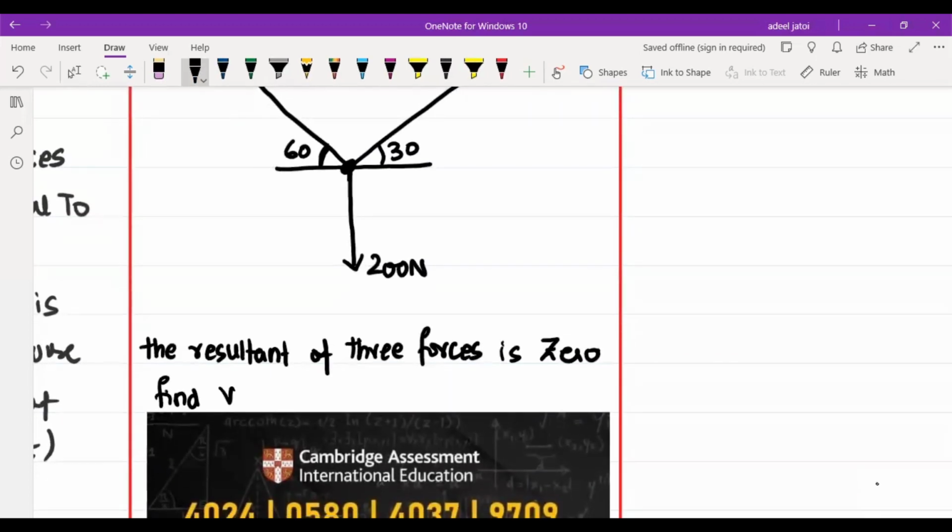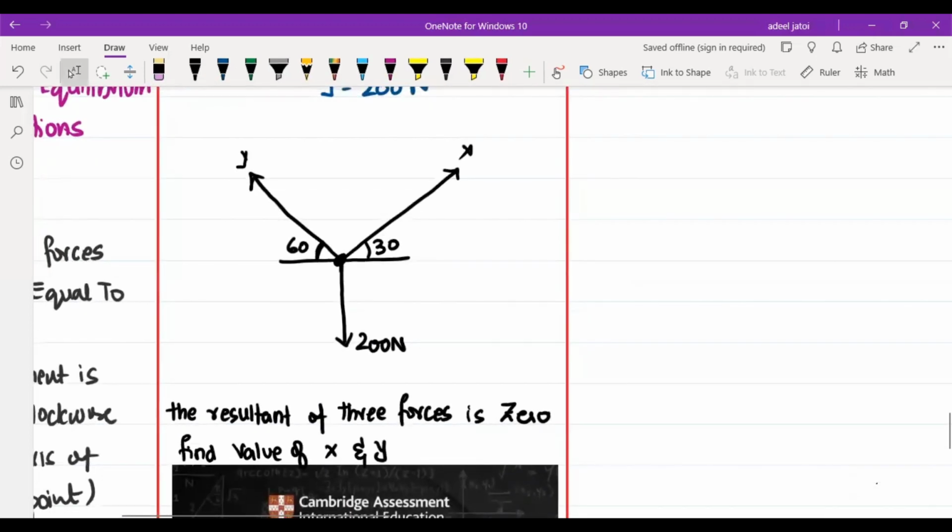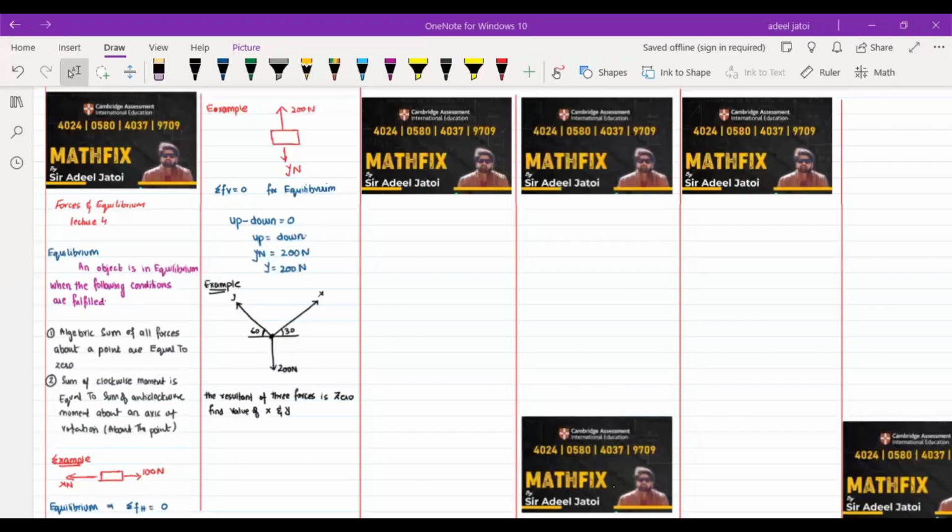Find the value of x and y. Now this is an example question. So the resultant of the three forces is 0. Find the value of x and y.